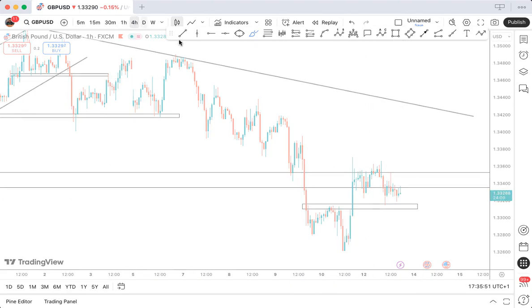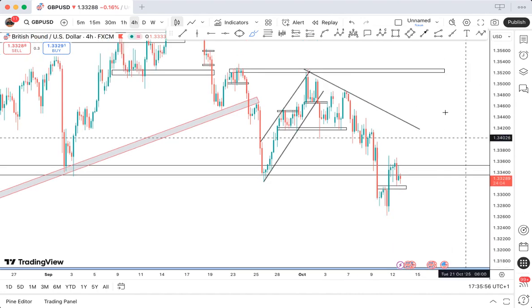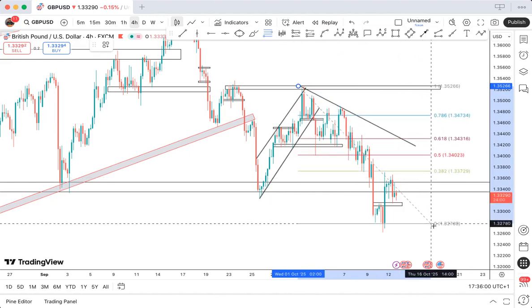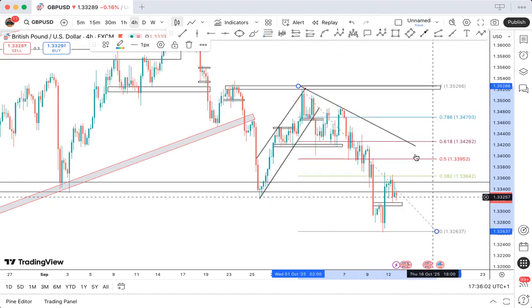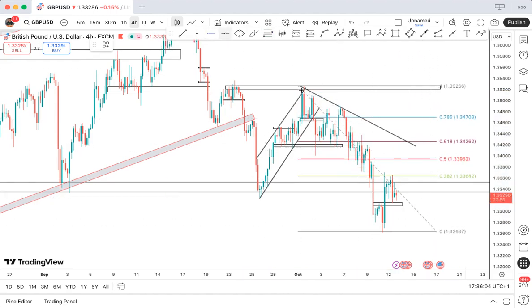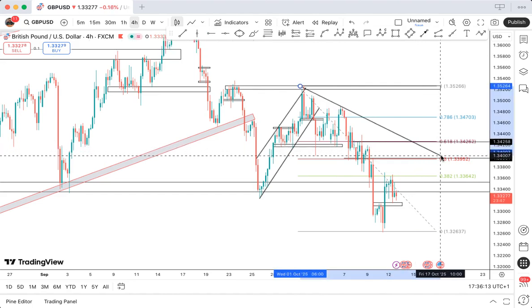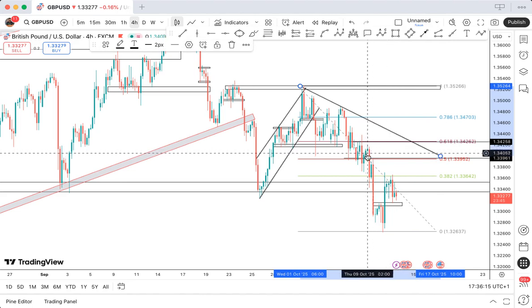And for the target, we can use the Fibonacci tools from the swing high. This is the previous swing high and the previous swing low. And as you can see, we have a 50% retracement and the 61.8%. So I'm projecting the market coming back to this area for the 61.8%.